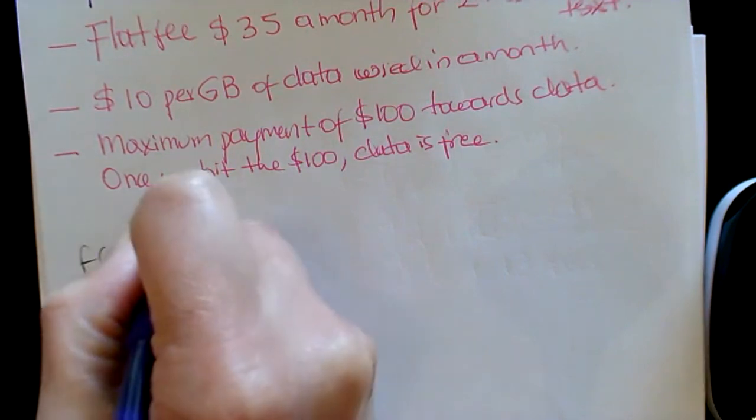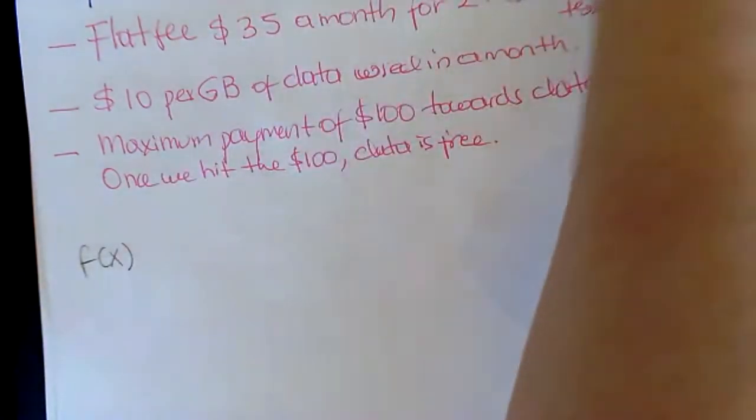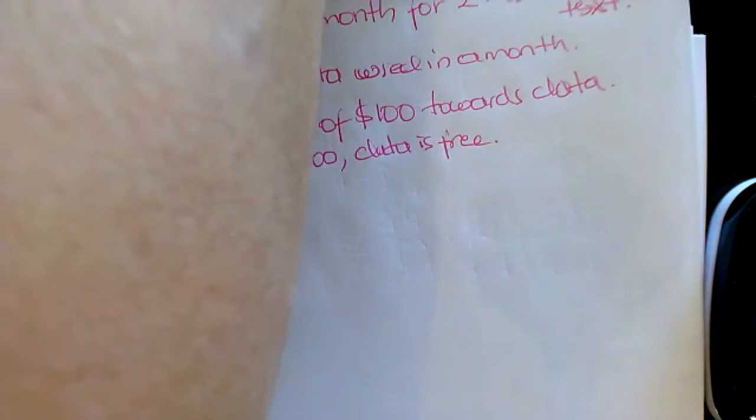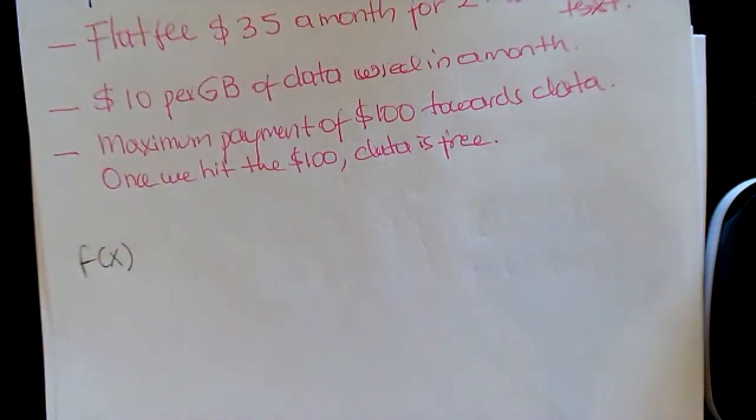and our first equation is going to be, we have to pay $10 per gigabyte. But I don't know how many I'm using. So it's going to be $10 times what? Times x, right? It depends on how much I use it.